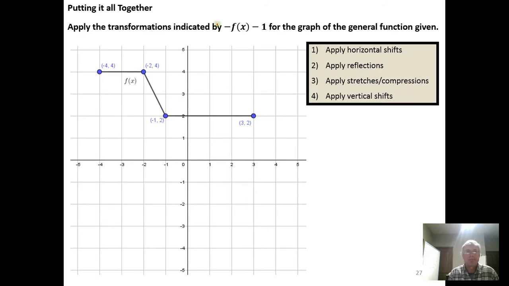So same game. We have a piecewise defined function, which we haven't talked about yet this term, but we can still apply transformations. If this function is the function f of x, we've made a new function g of x by transforming f of x.